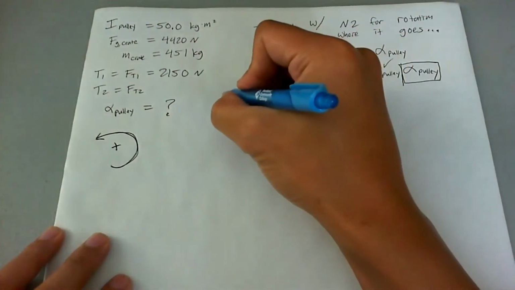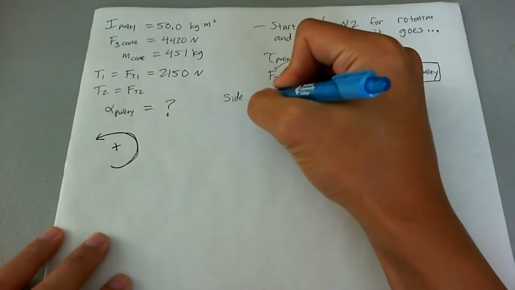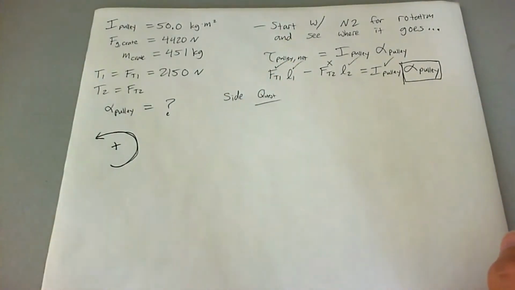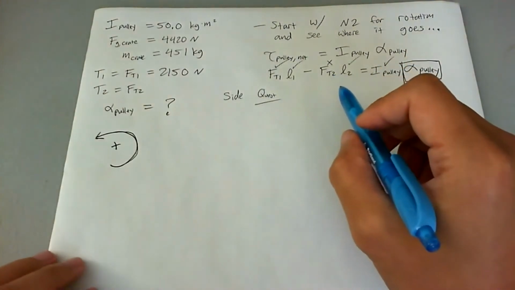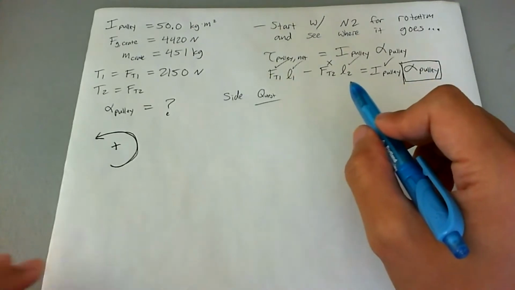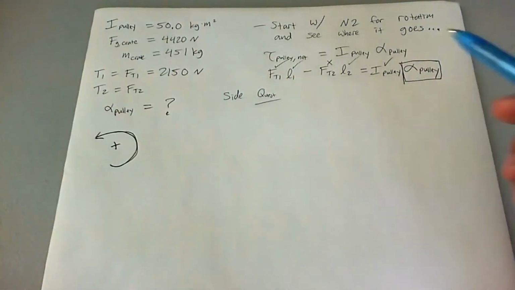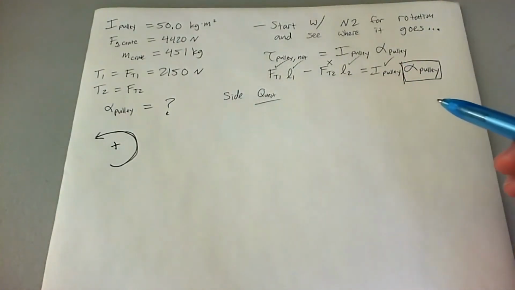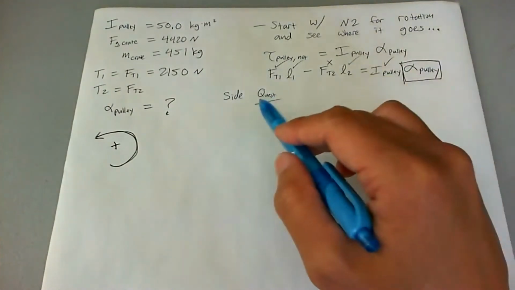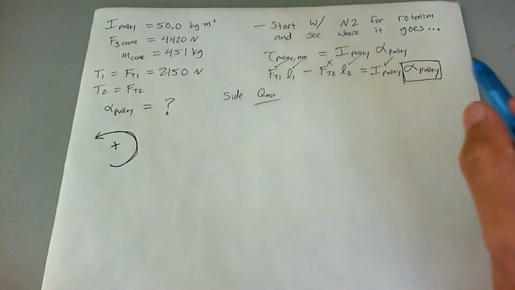So it looks like we're going to go on a little side quest to find that out. In order to do that, we're going to have to look at a linear version of Newton's second law. That's just because we have no other equations for torque. We only have that one, but we do have an equation for what the crate is experiencing. And hopefully that can guide us to finding this out.